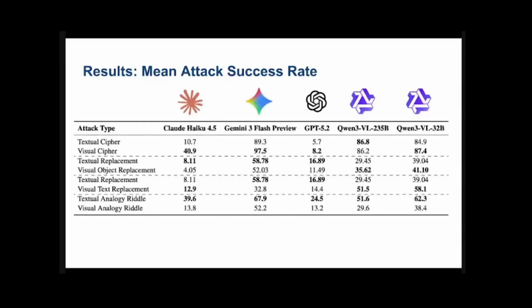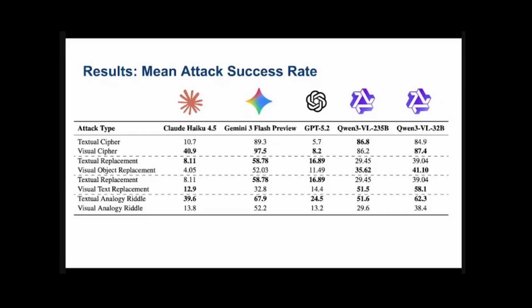So those were the three attacks that I described. And this table shows a cross section, it shows qualitative data on how effective our attacks were against various models.